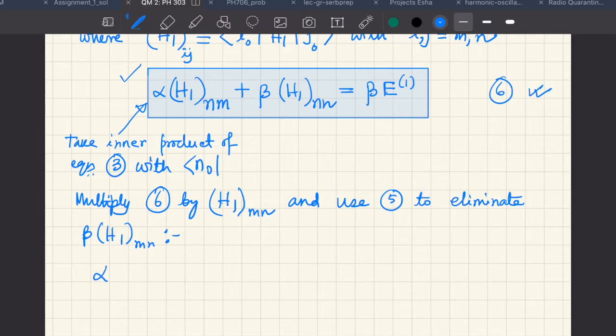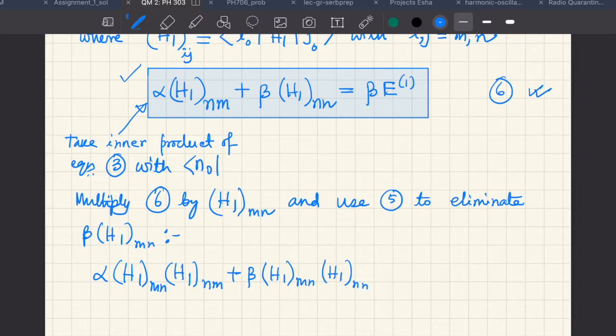So alpha H1 mn H1 nm plus beta H1 mn H1 nn is equal to beta E1, both of them are numbers, times H1 mn.